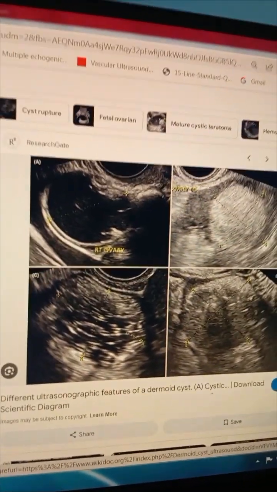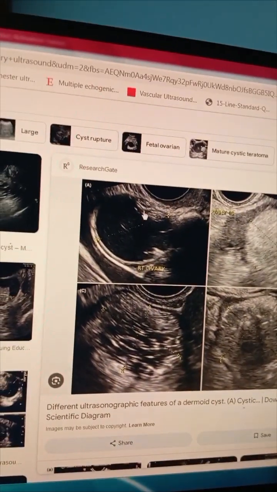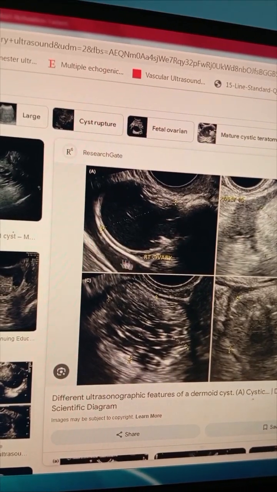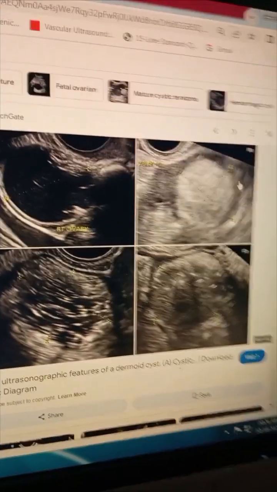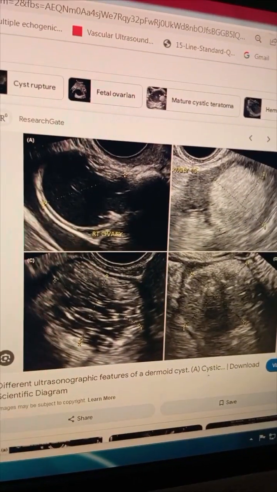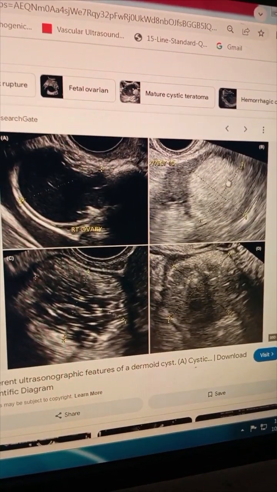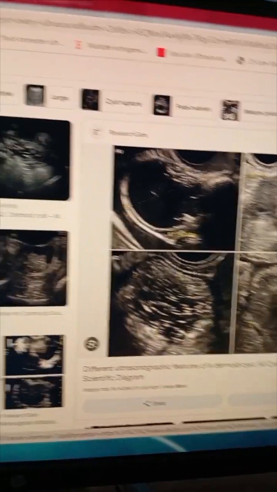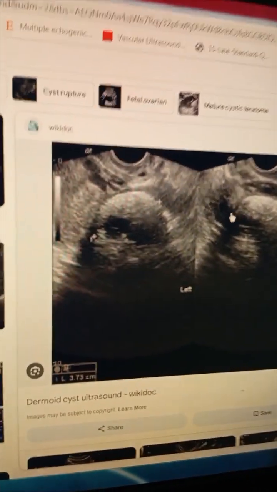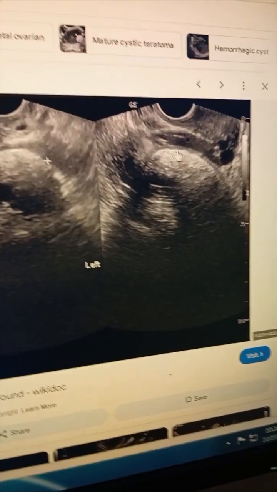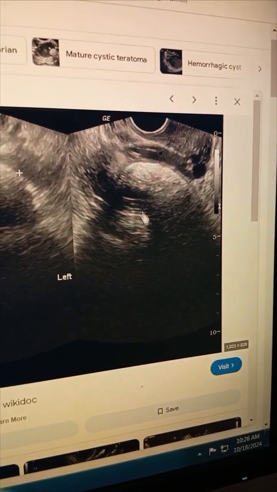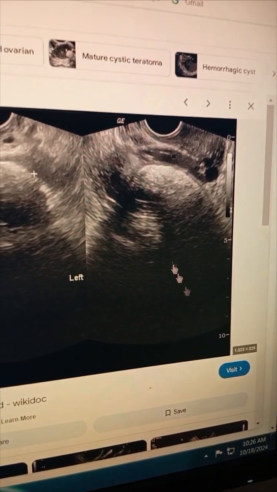Here is the dermoid cyst, unilocular, well circumscribed, thin walled, diffusely or partially echogenic, with a solid component, and here is the example of a tooth. It seems like there is a tooth, echogenic in appearance, in the cyst.